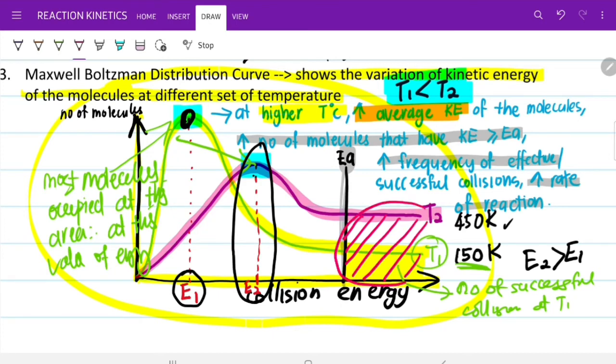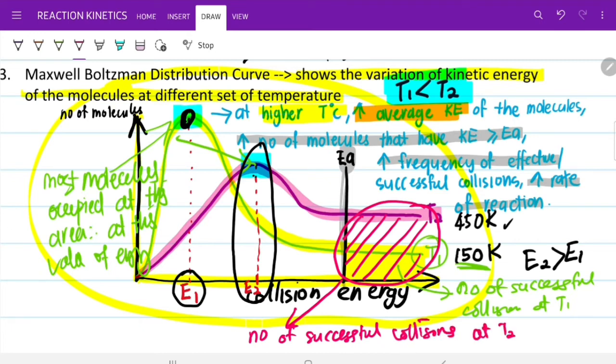So this whole area is the number of successful collisions at T2. As you can see, the shaded area at T2, the higher temperature, is greater than the shaded area at T1. That means more successful collisions take place at higher temperature.